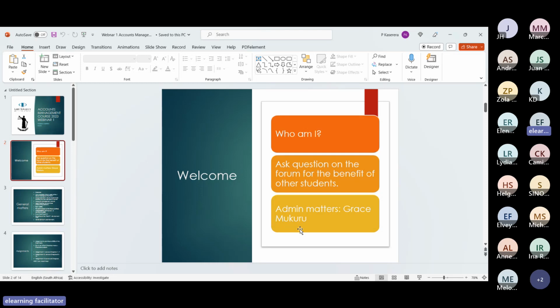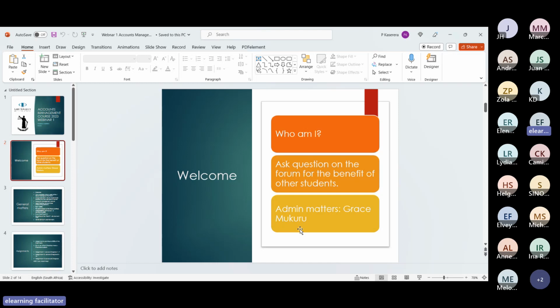For any questions that you might have, you can ask on the forum. We utilize the forum for the benefit of other students, so that when you ask, others who go through it also get answers.